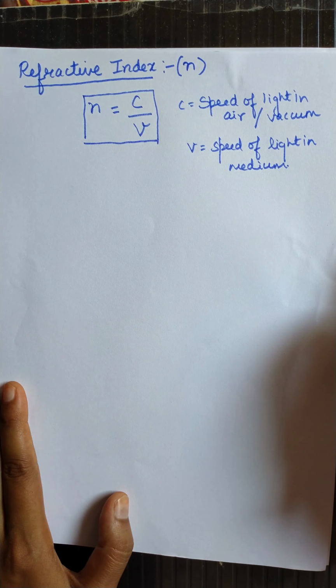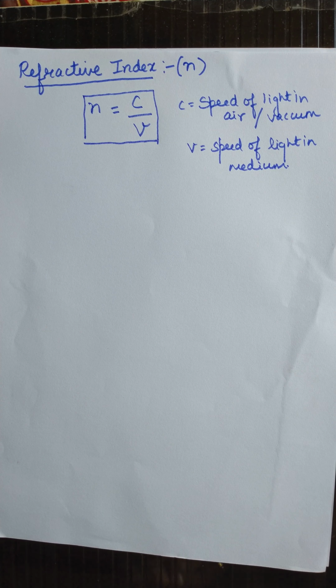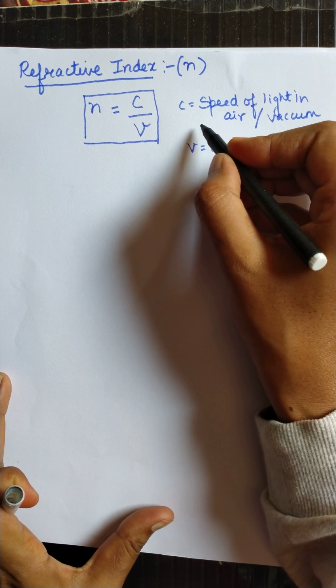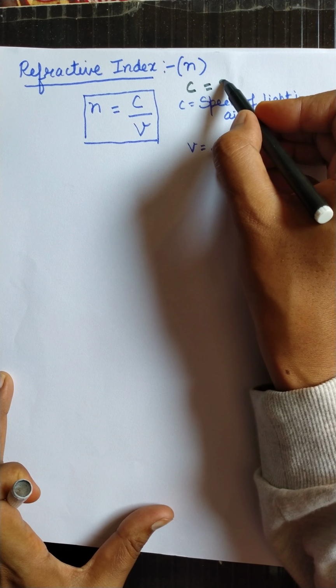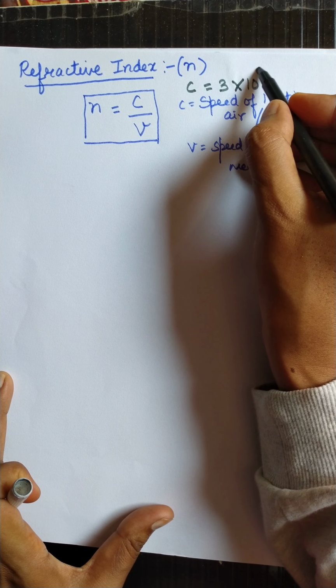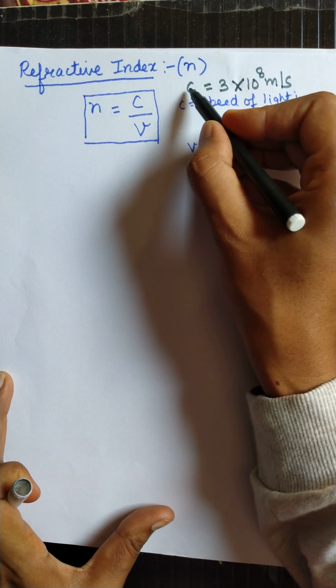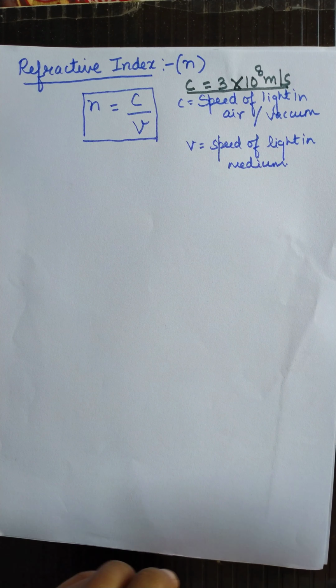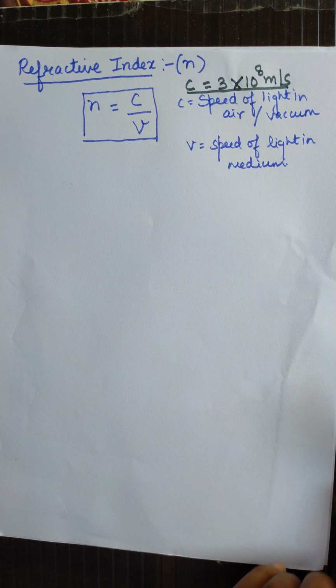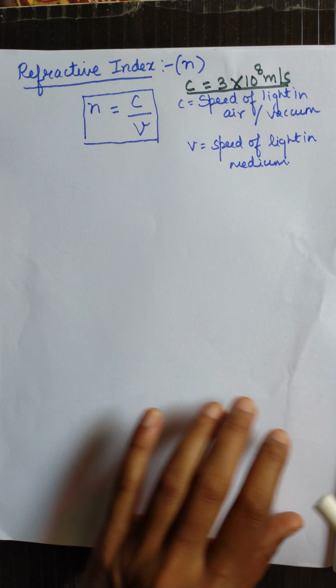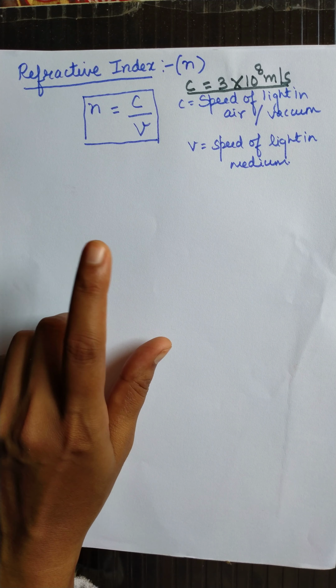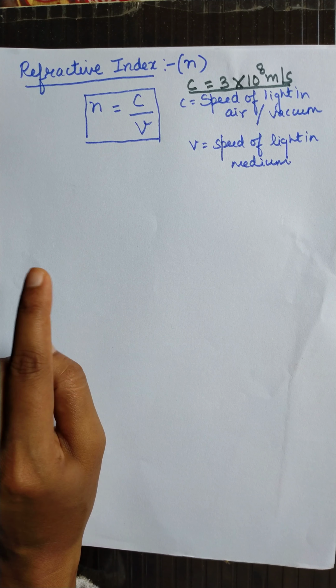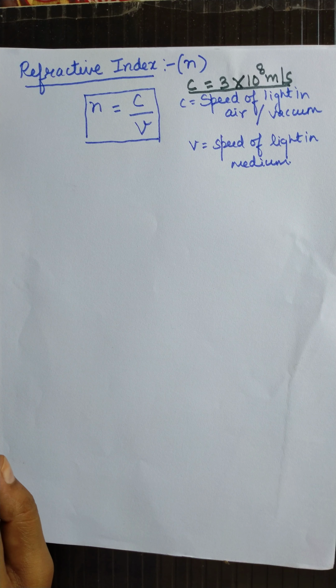The value of the speed of light in air or vacuum is C equals 3 into 10 to the power 8 meter per second. And students, you have to remember this value. So the ratio of speed of light in air to the speed of light in medium is called the refractive index of that medium.